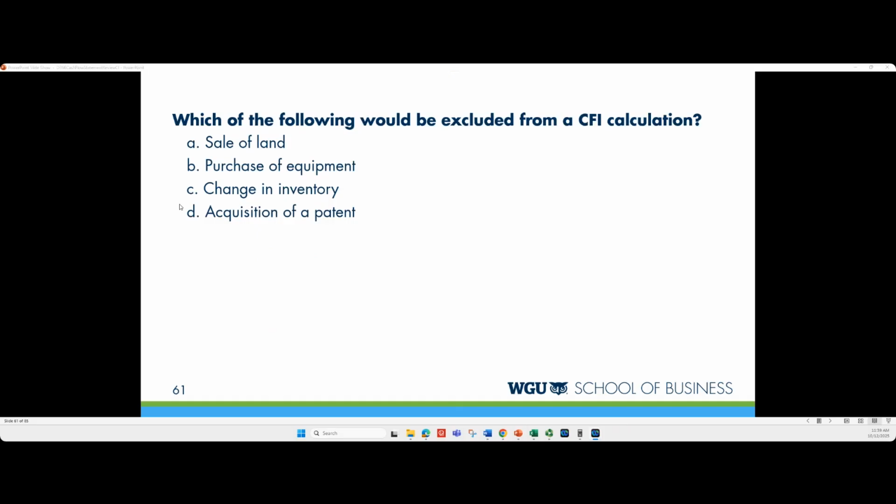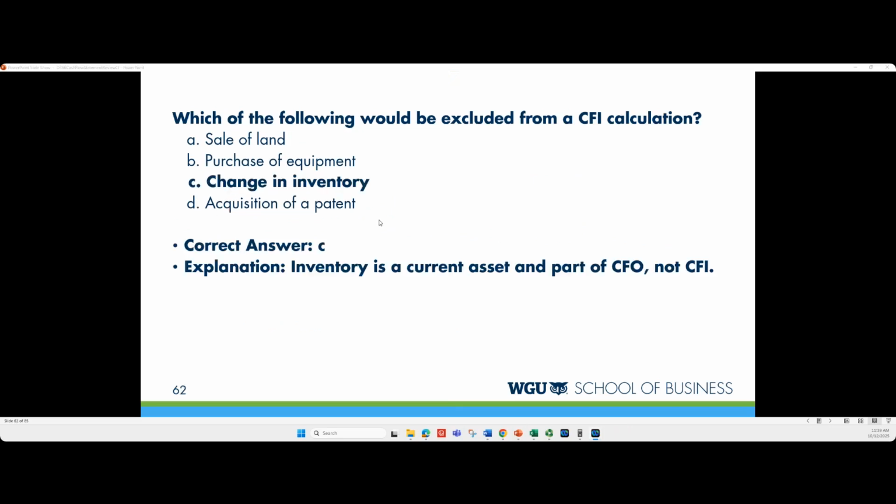Okay, which of these items is going to get excluded from our cash flow from investing calculation? Okay, and again, that is going to be C because inventory is a current asset and it's part of our cash flow from operations.